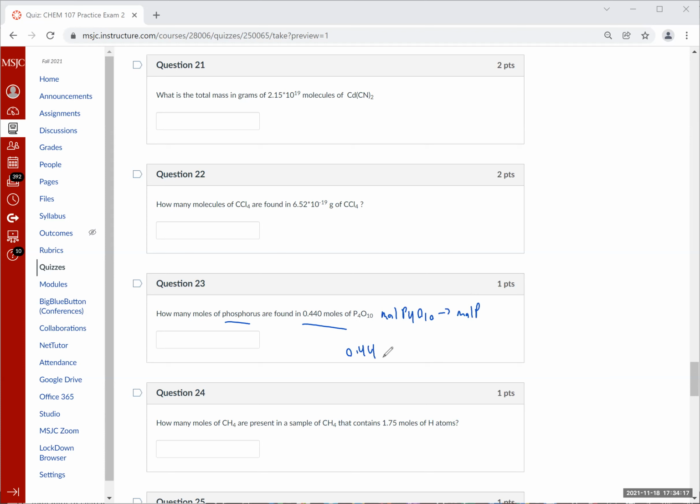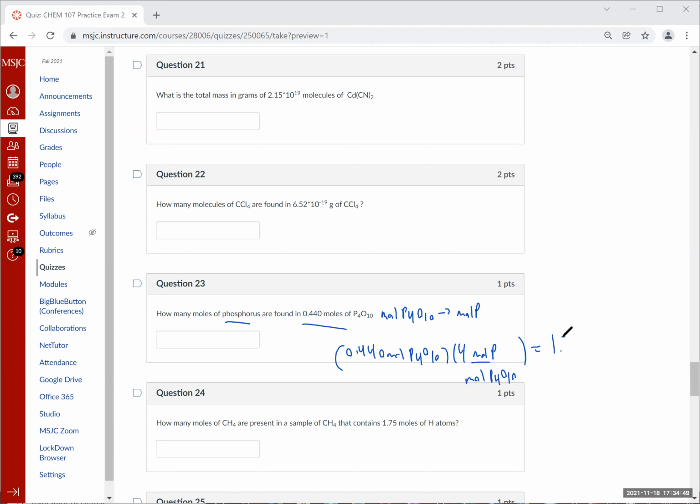If we have 0.440 moles of P4O10, how many moles of phosphorus do we have per mole of P4O10? What's our mole to mole ratio? Yep, 4 to 1.